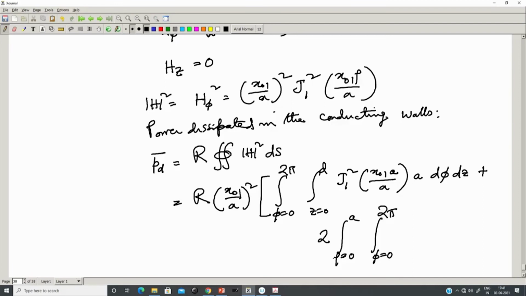So, this term corresponds to the power dissipated on the 2 end caps of the cylindrical cavity.